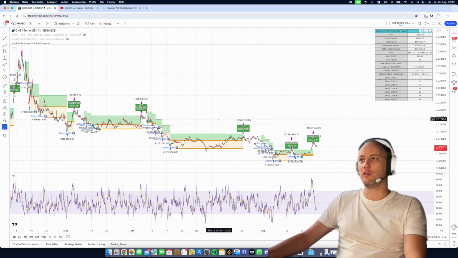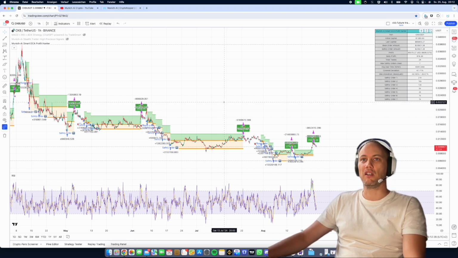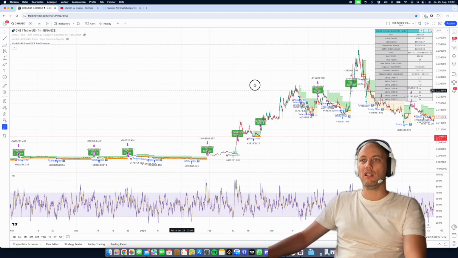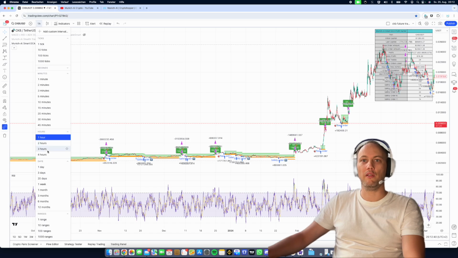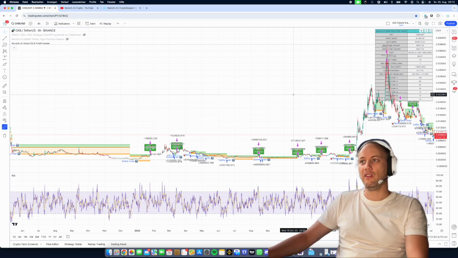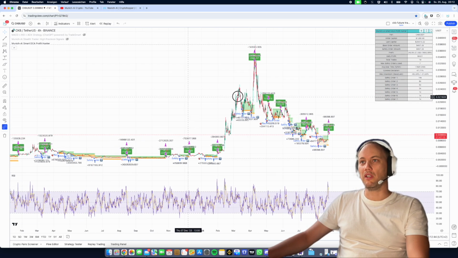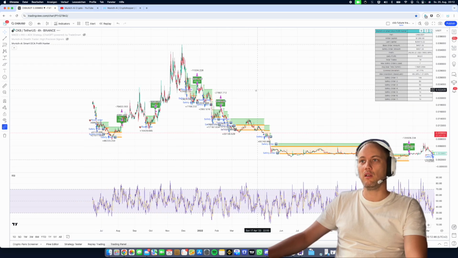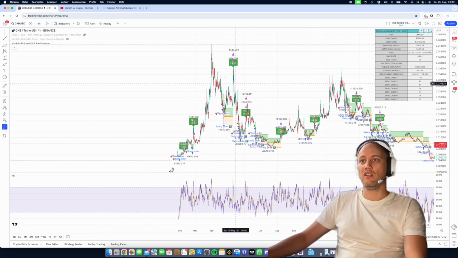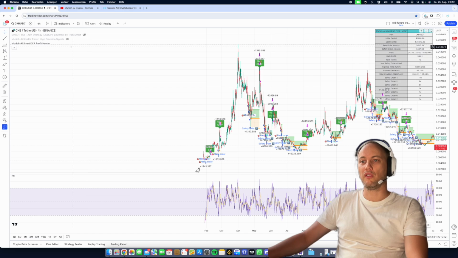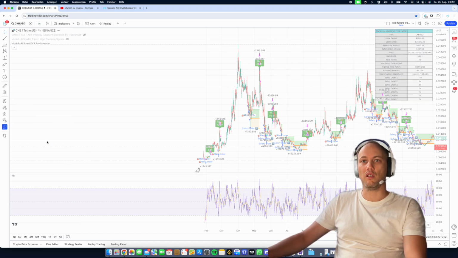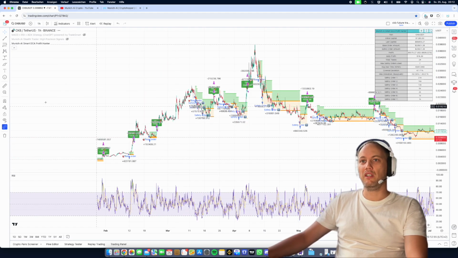And in the future, it doesn't matter if it's crashing down, so let's quickly check how it behaves in really hard crashes. For example, I will go back and check. Let's say here at the beginning it was 21, and if I go back on the 1 hour time frame, it really doesn't matter with this strategy.